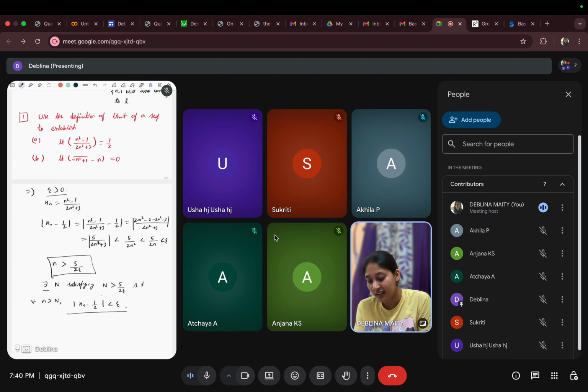So we have found an N. So this means the limit is half by definition.